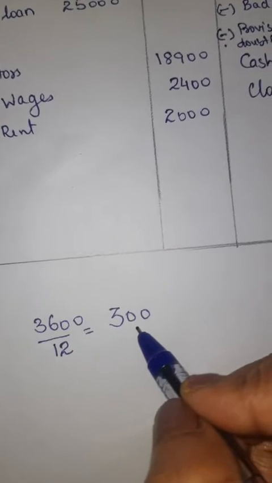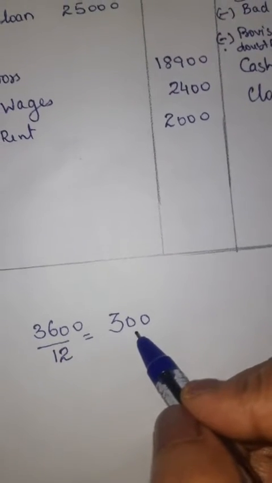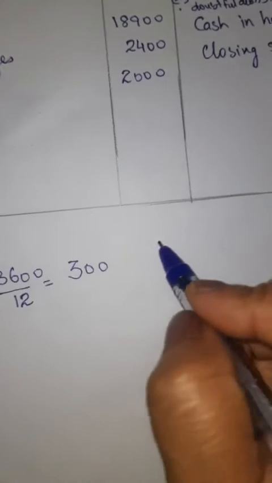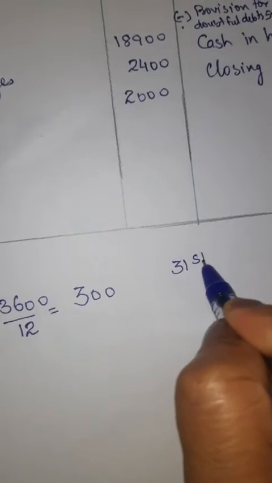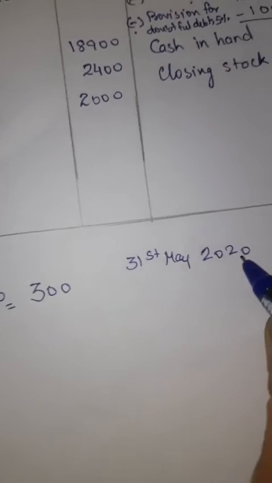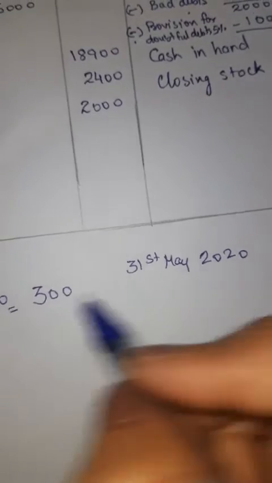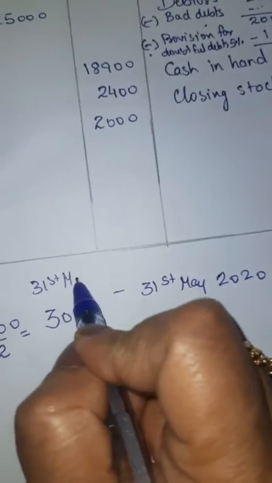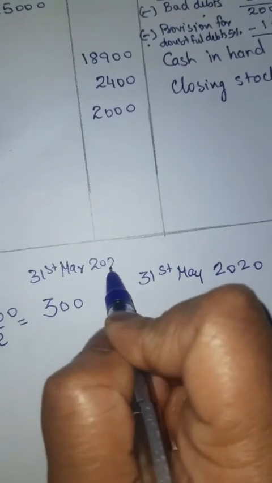In the question it is given that you have paid the insurance premium till 31st May 2020, and your balance sheet date is 31st March 2020.